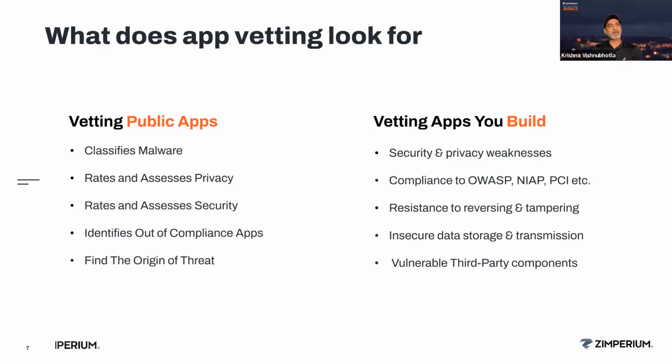But if I apply app vetting to the other side and say, what about the apps you built, or a third party is building for you, but you own the source code? There are a whole bunch of problems there as well. You might be creating the problem if it's your app. So on that side, the tools need to look for different things because you own the source code. Are you using libraries that are not in your best interest?